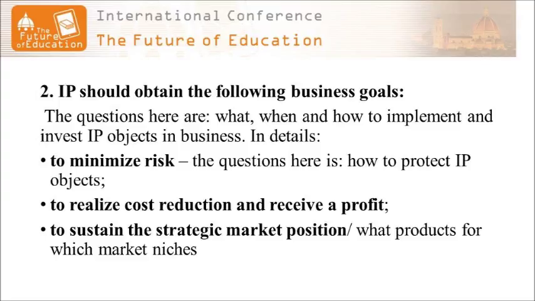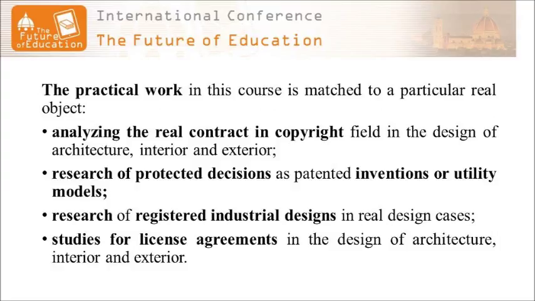The practical work in this course is matched to a particular real object, analyzing the real contract in copyright, research of protected decisions as patented inventions or utility models, research of registered industrial design, and studies for license agreements.